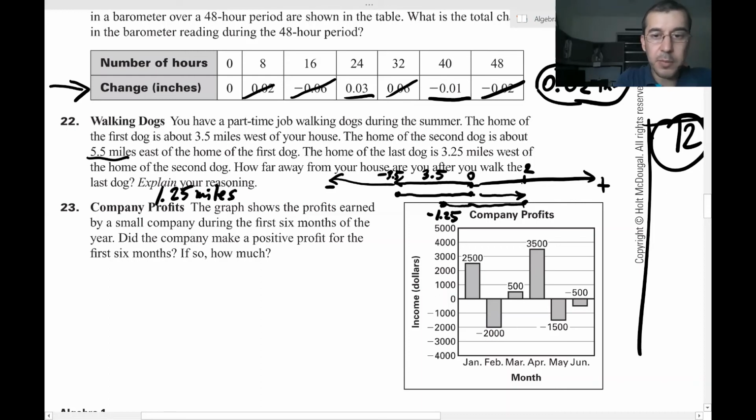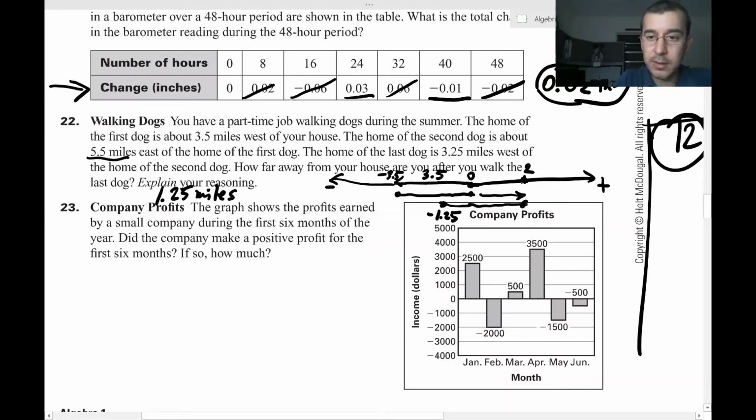Explain how. From the 0th position, which is your home, you go west 3.5, then you go east 5.5. So if you go west 3.5, you get back to your home location, which is the 0th position, and then 3.5 plus 2 is 5.5. So you end up 2 miles east from your home. This is for the second dog. And the third dog, the last dog, is 3.25 miles west.